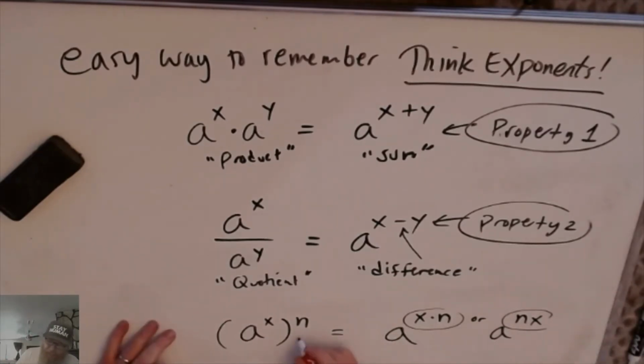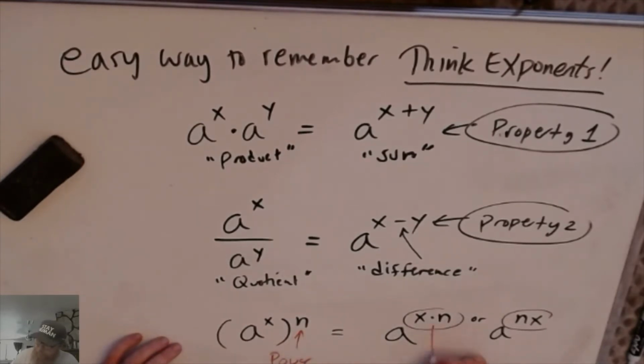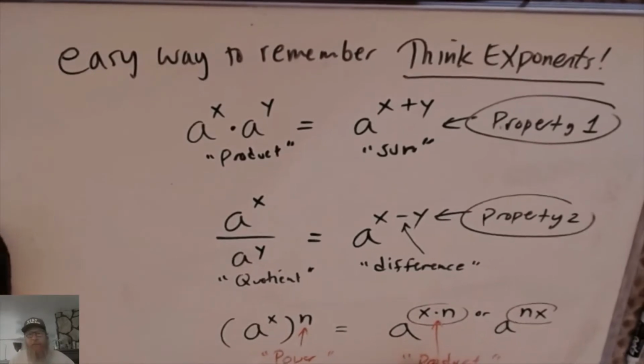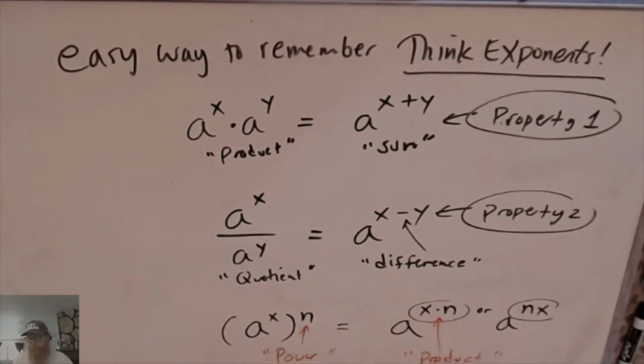So this is sometimes called the power property. So a power becomes a product. I don't know if you can see that. There you go. You can see that down here at the bottom. All right, so let's just look at some examples. We'll start by doing some compressions.